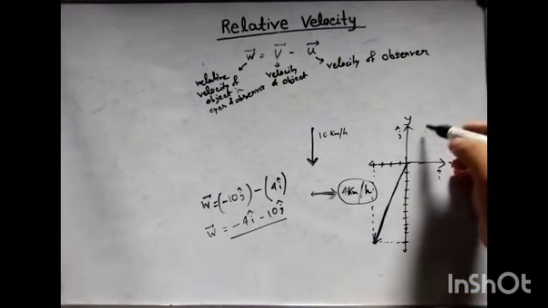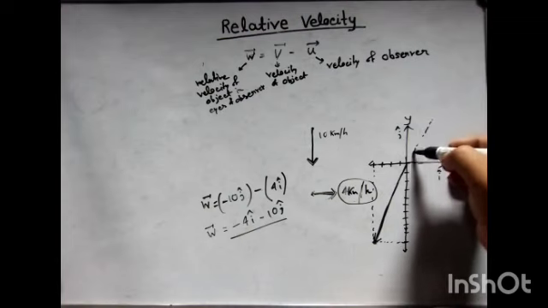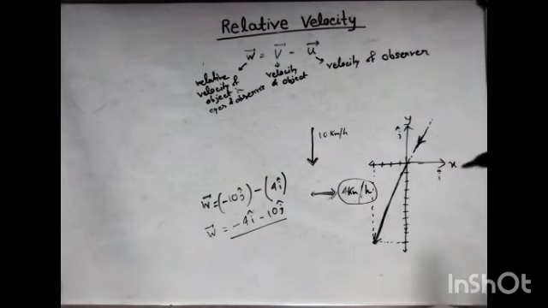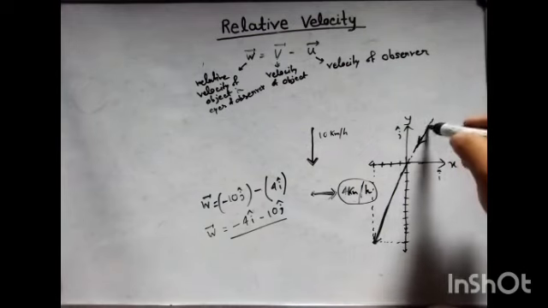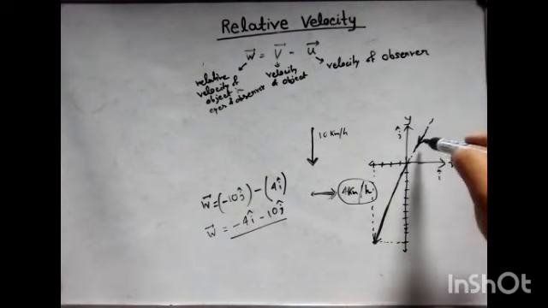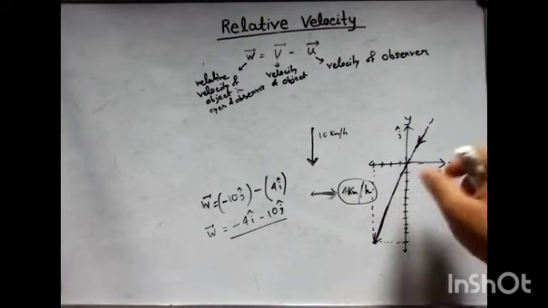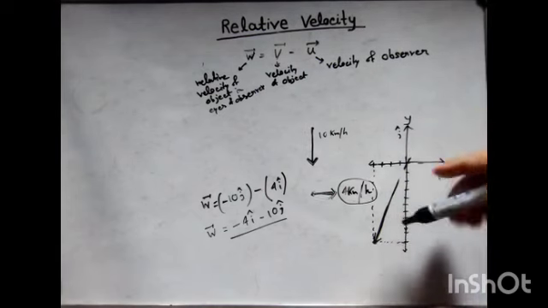So this will be the direction of the falling rain, so the man will see that rain is falling in this direction. Actually the drawing is not perfect.